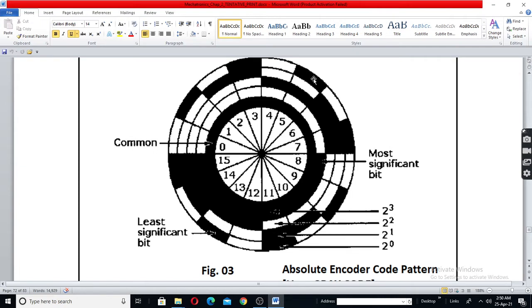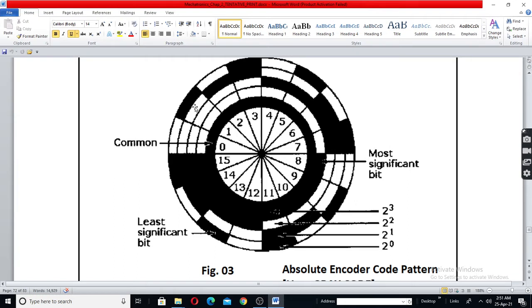In one rotation, sensor at this track will give 8 pulses. Say 0, 1, 1 pulse from here to here. Again 0, 1 from here to here, like that 8.